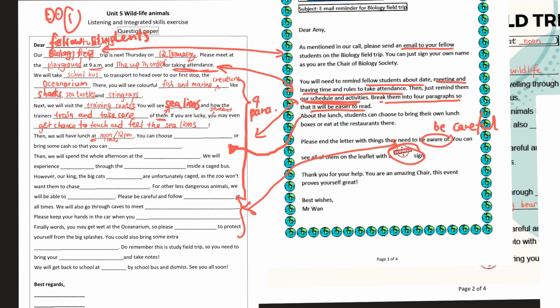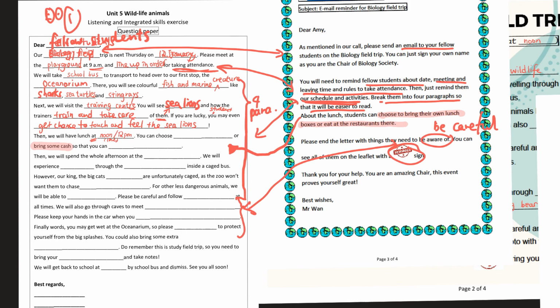So about the lunch, it's here. About the lunch, students can choose to bring their own lunch boxes or eat at restaurant there. So just copy and paste. You can bring some cash. Well, it's a little bit misleading, but it shouldn't be able to fool you. You are all smart kids, okay? So let's put it on here.